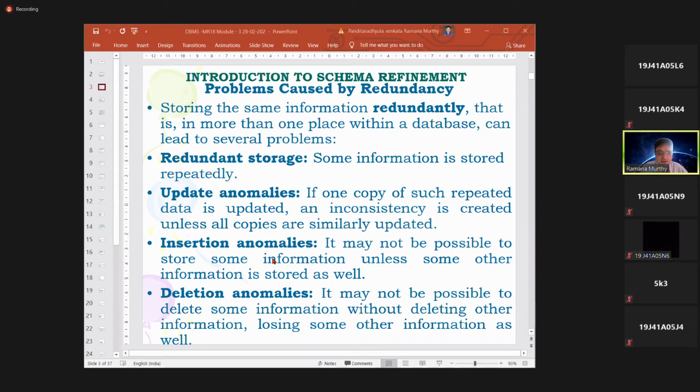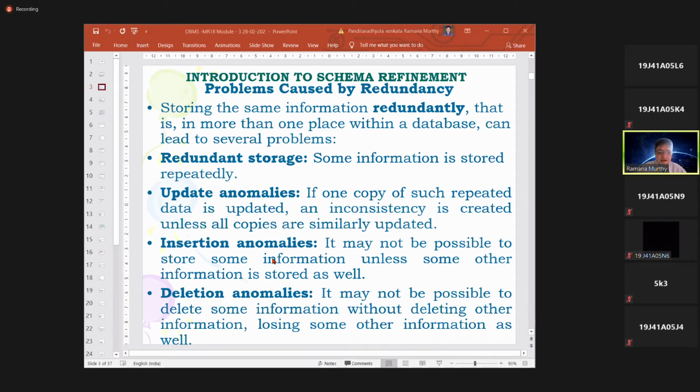Not only that, redundancy also happens when all the data is stored at one place, meaning at one table. Be careful, this concept is different. Even in a single table, we may be repeatedly storing some information, whether at different places or not.